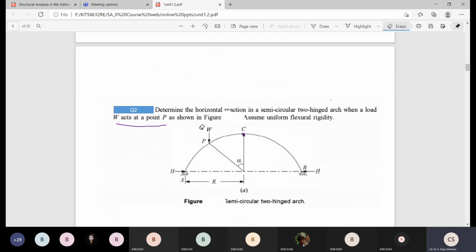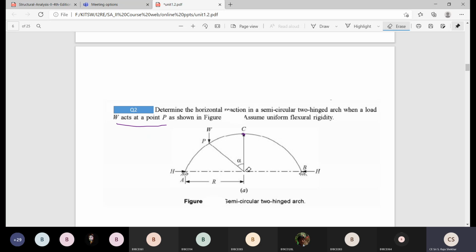So this is not a symmetrical loading for the semicircular arch. I want to make it symmetrical loading, because if we make it symmetrical and analyze, it is very easy to analyze. So I am assuming a load acting at an angle of alpha with the crown in the right side segment also.